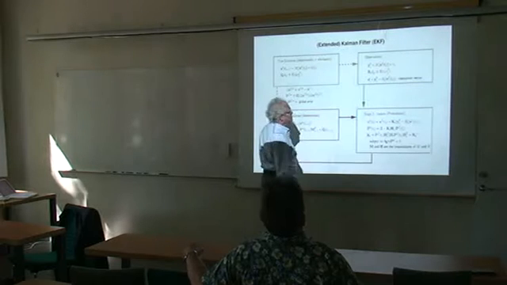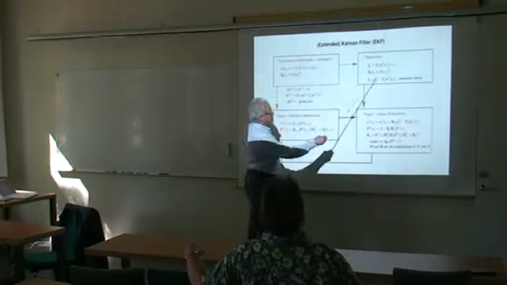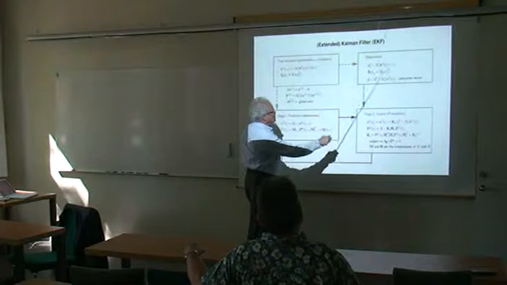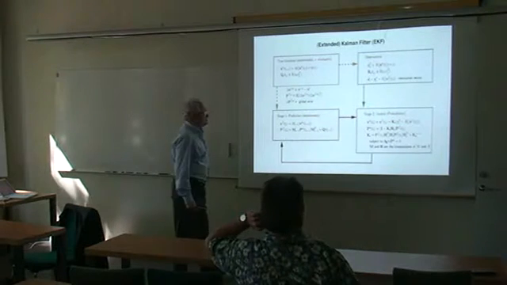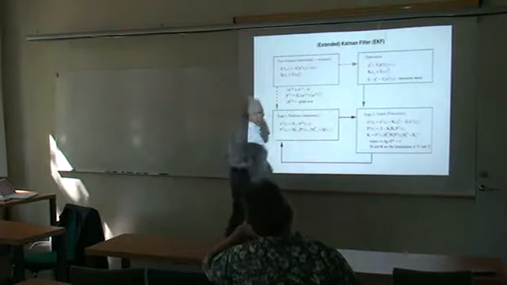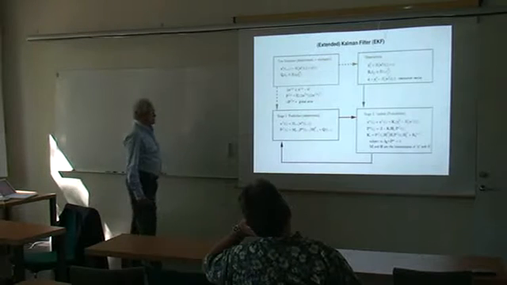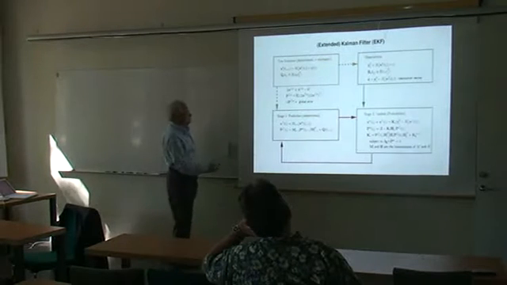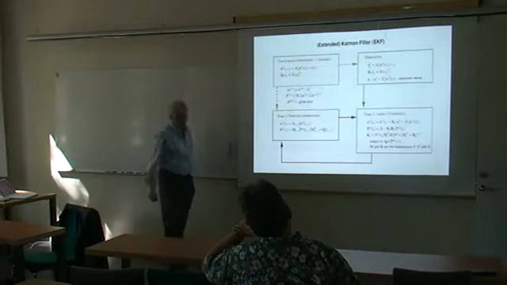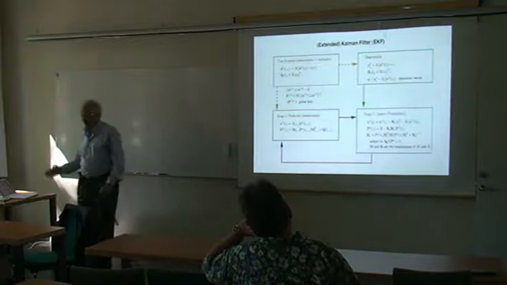And then this is your innovation vector, again, the y_i super o for observation, minus this operating on the forecast.